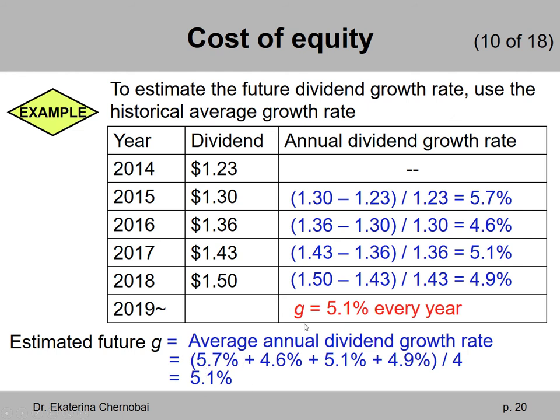So maybe in the previous example, where 5.1% future annual growth rate in dividends was given, maybe it came from this historical information on dividends over the last few years.